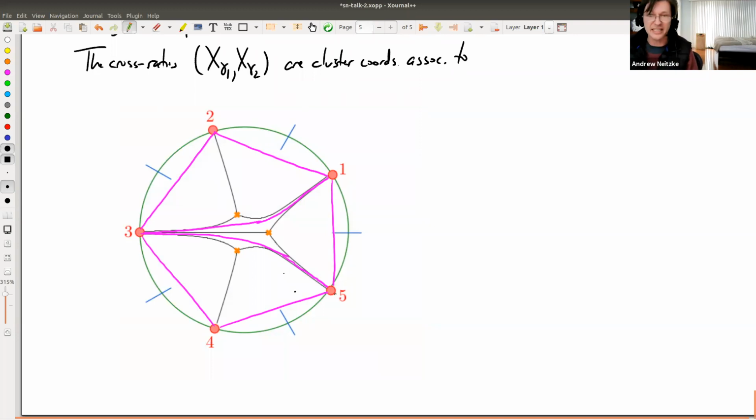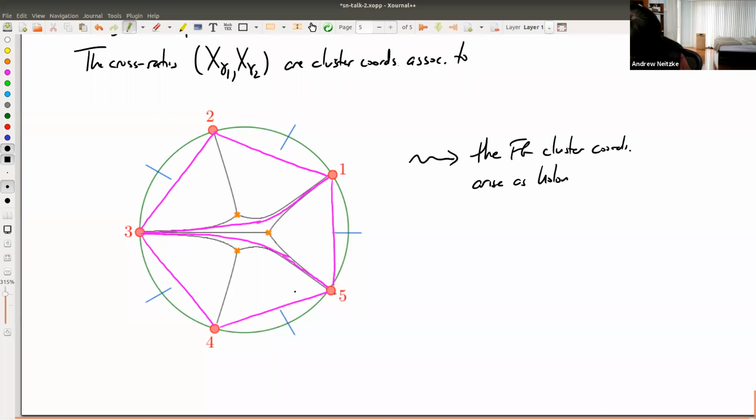So in short, what's the message here? The message is the Fock-Goncharov cluster coordinates arise naturally as the holonomies of a natural GL1 connection.